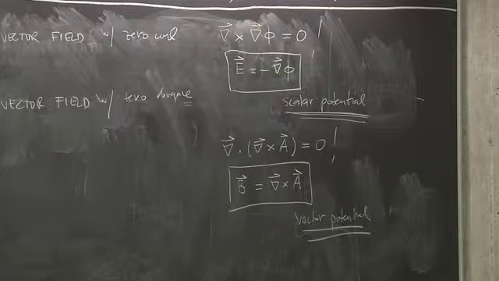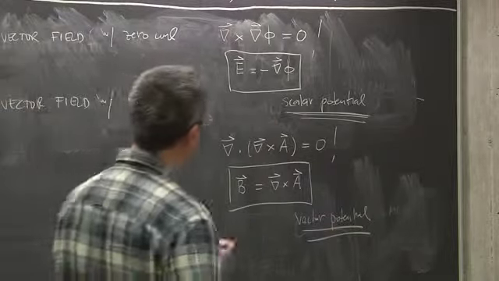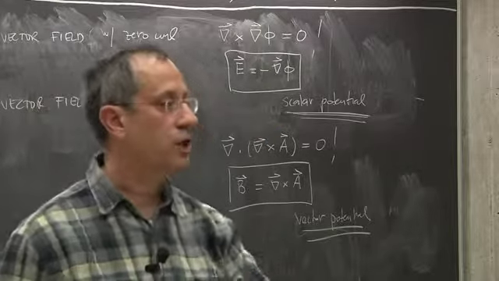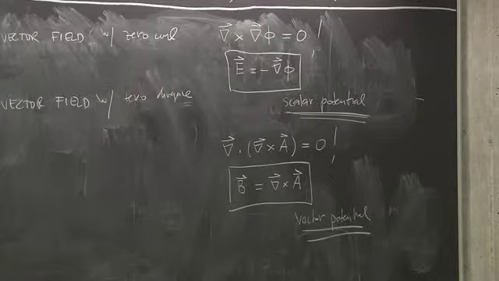At the classical level, they are just auxiliary fields. There is no way to measure these fields. There is no instrument, like a GPS, that tells you how big the vector potential is, or that measures the scalar potential.